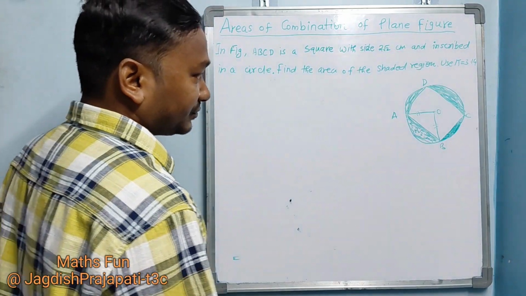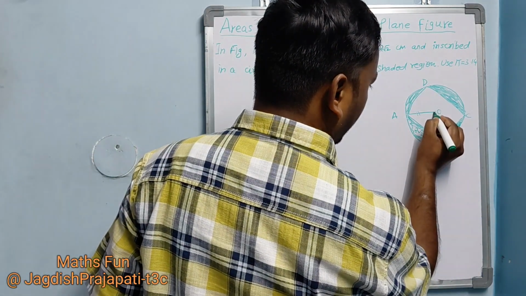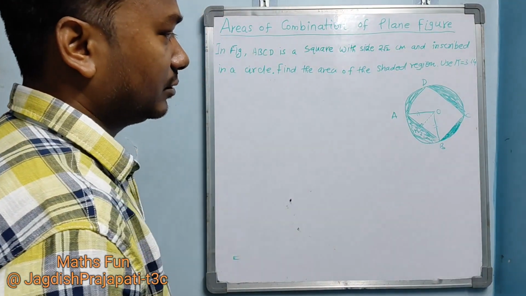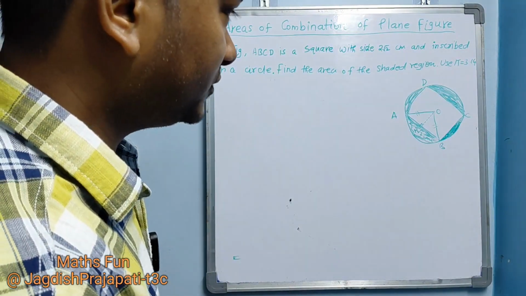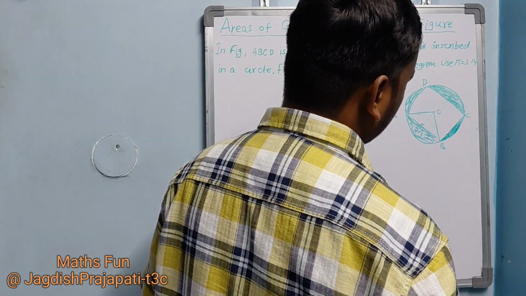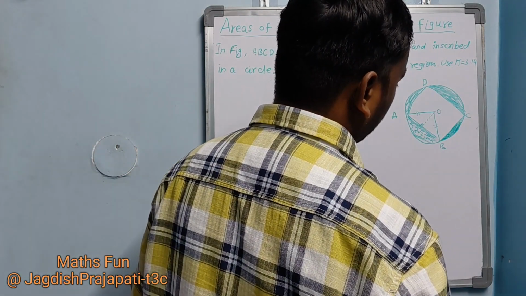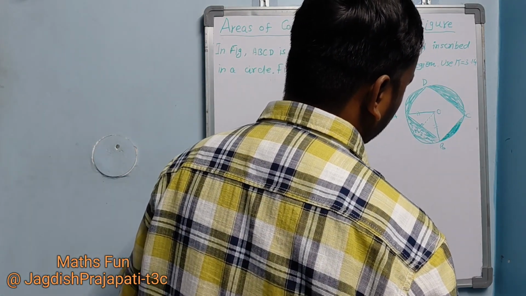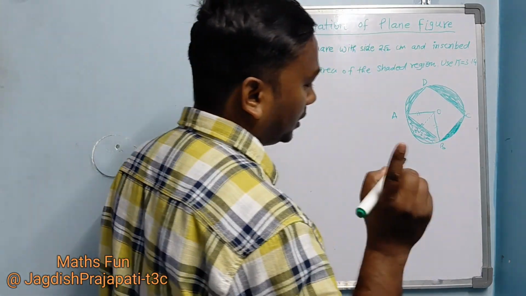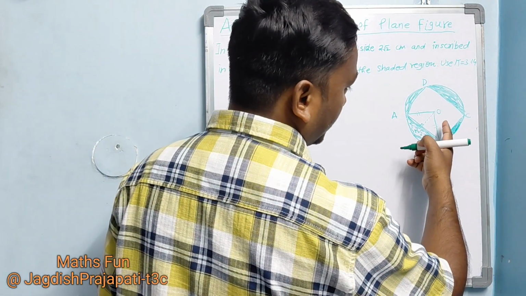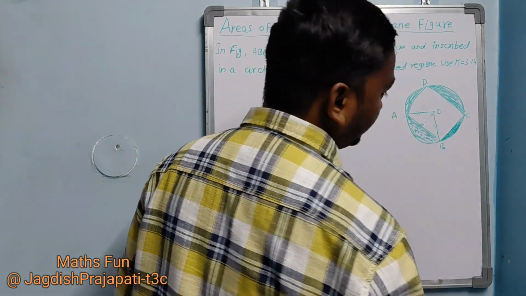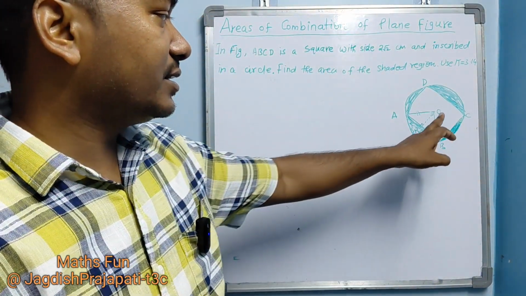Okay, if you draw a perpendicular in this triangle, now see, this angle will be 90 degrees since this is a square.